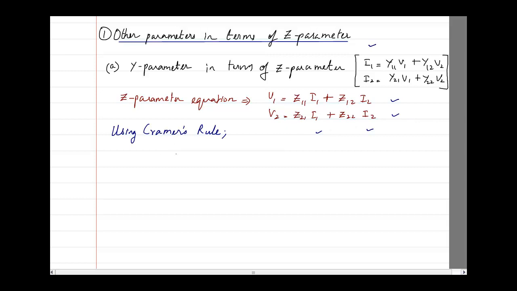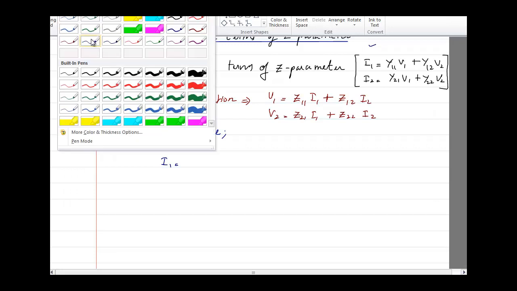So by Cramer's rule, I can find out that I1 is going to be equal to, so first I have to write it in terms of matrix form, correct?